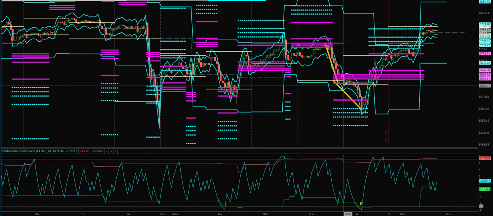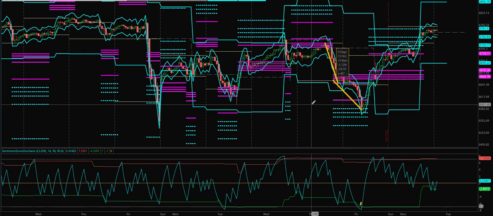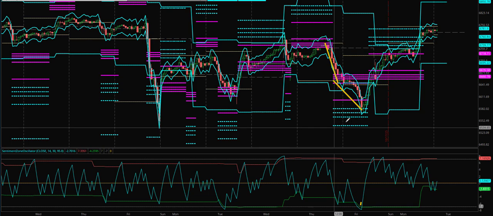Now this is a 1 hour chart. You may want to do some ES futures option swing trading, or if you want to use futures alone, you can do that as well. All right, so you got the idea.